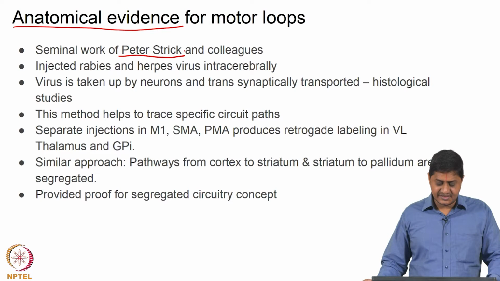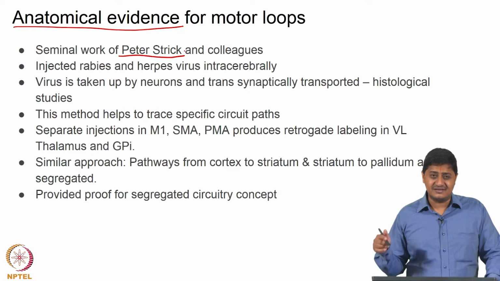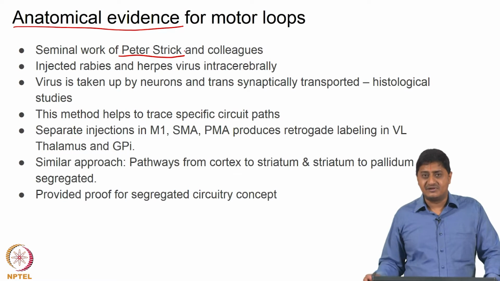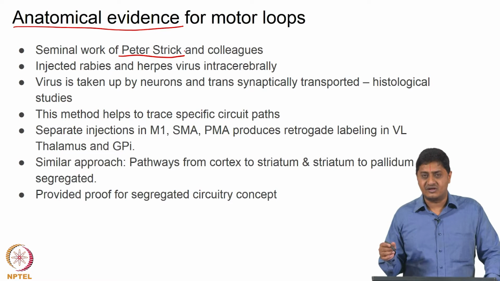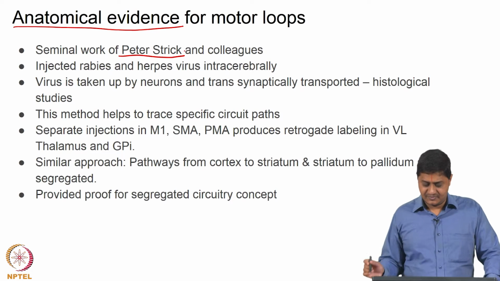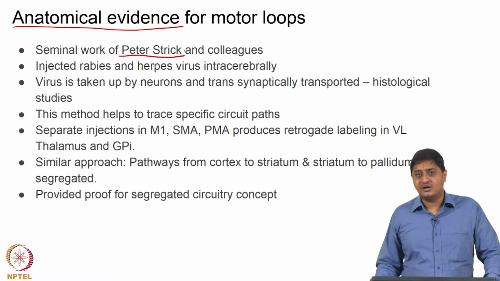So, this virus is taken up by neurons and transsynaptically transported, that means that they can cross the synapses. But it takes time, it does not happen instantaneously, of course. As soon as the injection is given, it takes anywhere between hours to days for these viruses to be transported, right. And it turns out that these viruses show up in a specific manner in anatomical slicing.